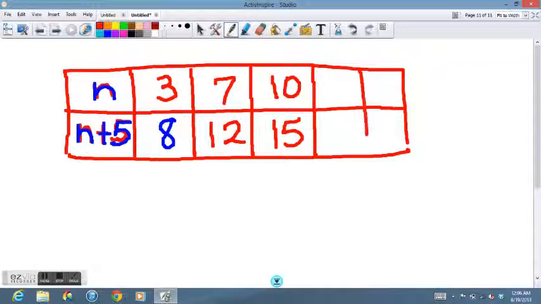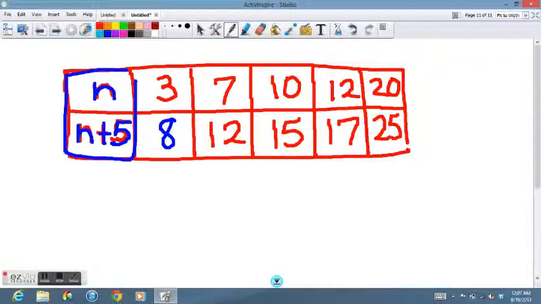I could keep on putting numbers in here. Let's say I put 12 for n. So now n plus 5 will be 12 plus 5, which is 17. And let's say I let n be 20. Well, then n plus 5 will be 20 plus 5, so this will be 25. Right? Now, whenever we have a chart like this, and we have something that looks like this at the beginning, this is called the rule.